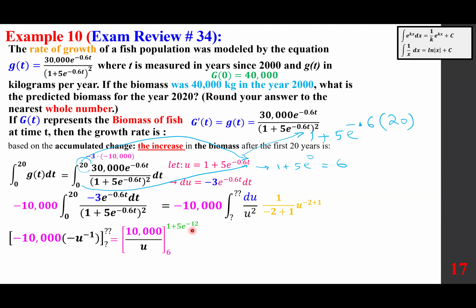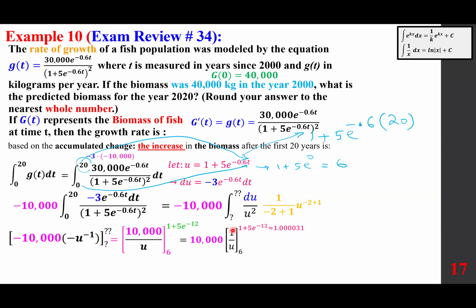So to evaluate, I'm going to take the 10,000 out, and I'm going to say 1 over u, from 6 to the upper limit. And this one, if you put it into a calculator, for all practical purposes, is 1.0000, four zeros and then 31. So really the top value is 1.